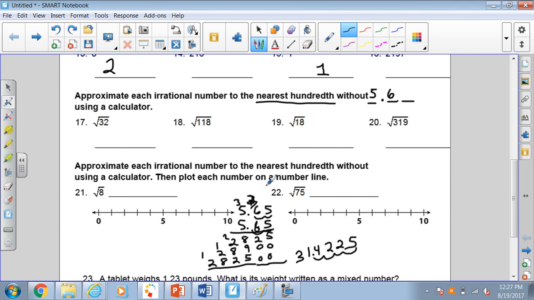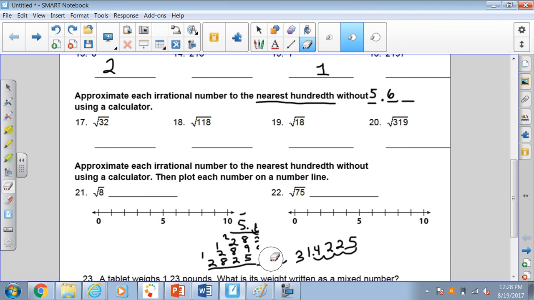I dare to say it's probably going to be the answer, but I have to check 5.66 just to make sure. And remember, we're away from that number now by about 500,775. Okay, so we're going to check really quick here.